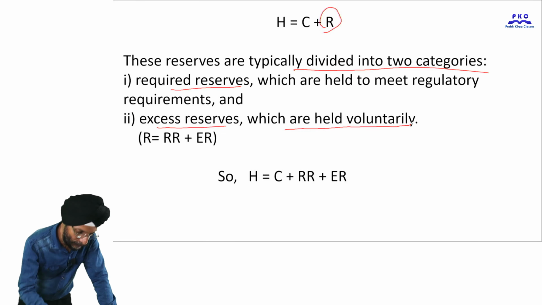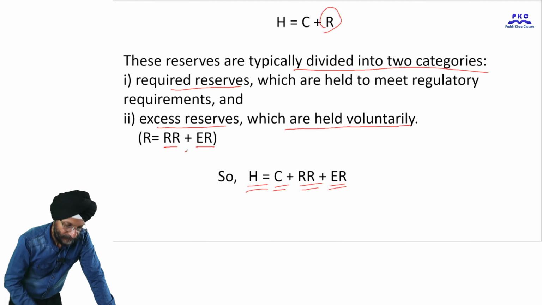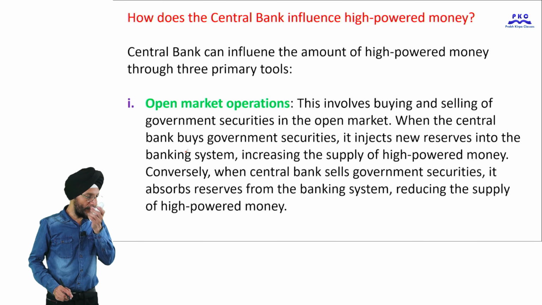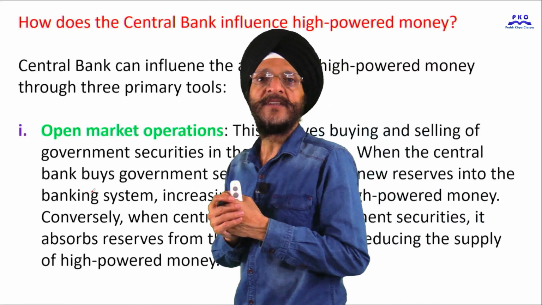So R is equal to required reserves plus excess reserves. So high powered money is equal to currency in circulation plus required reserves plus excess reserves.